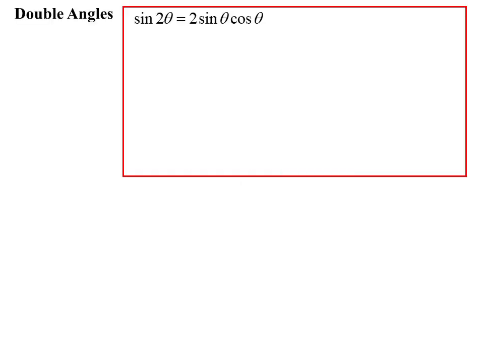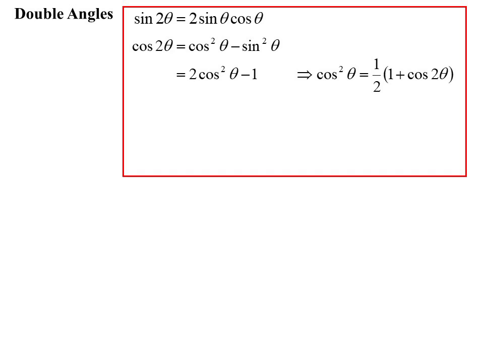Let's summarise those. There we go: sine 2 theta, 2 sine theta cos theta. Cos 2 theta, cos squared minus sine squared. We could rewrite that as 2 cos squared minus 1. But this is really useful, certainly for later on when we look at the integration of trig functions. If I make cos squared the subject, I've got a way of rewriting cos squared in terms of the double angle.